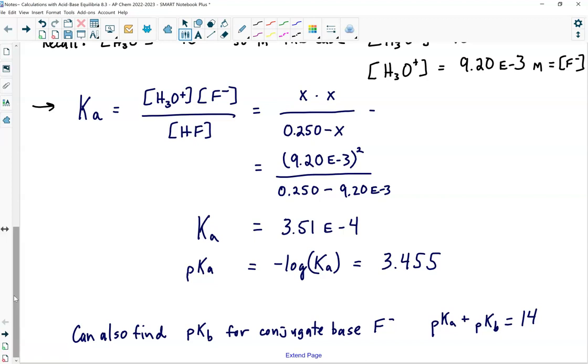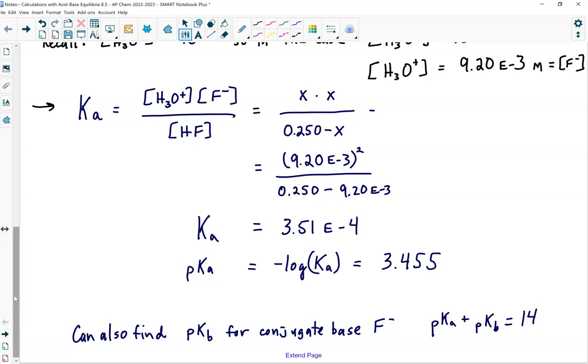So what I could do is subtract this pKa from 14 to find the pKb. But what's the B for? What's it the pKb for? It turns out that will be the pKb for this species' conjugate base.